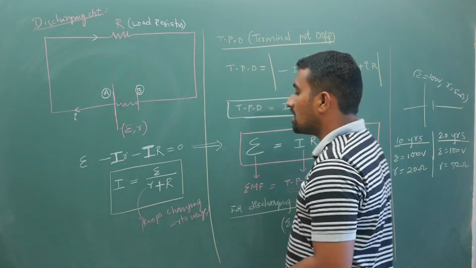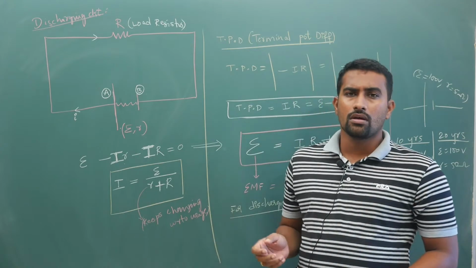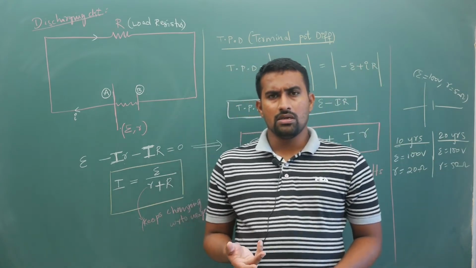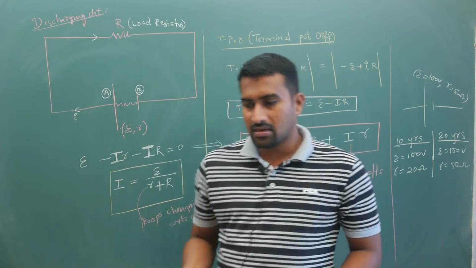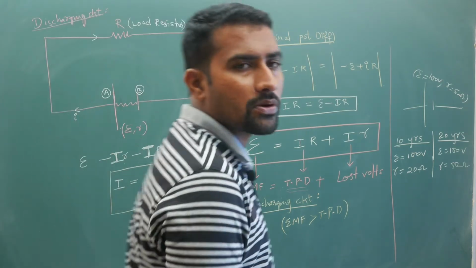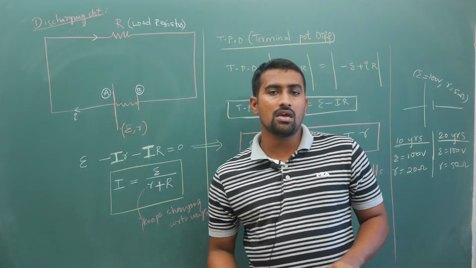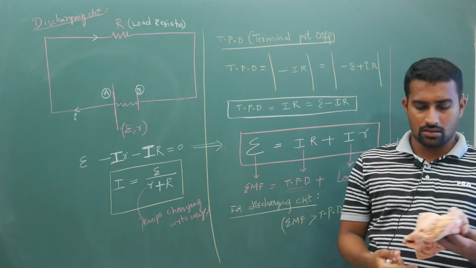Cells dry out because of terminal potential difference, not EMF. The battery's purpose is providing terminal potential difference, not the EMF. So this is your basic idea of a discharging circuit.